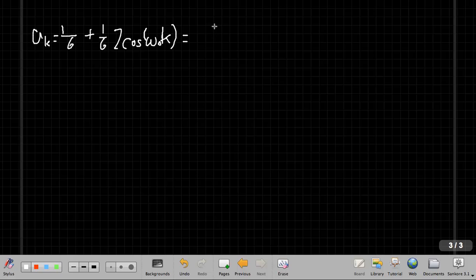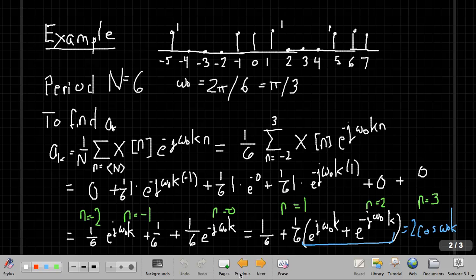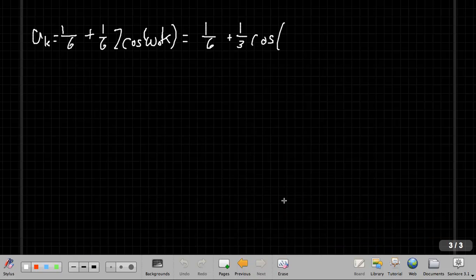I can turn that into 1/6 plus 1/3 cosine. And now maybe is a good time to put in omega naught. So if I flip back a page, I see my omega naught was pi by 3. So I can come up here and say this will be pi over 3.